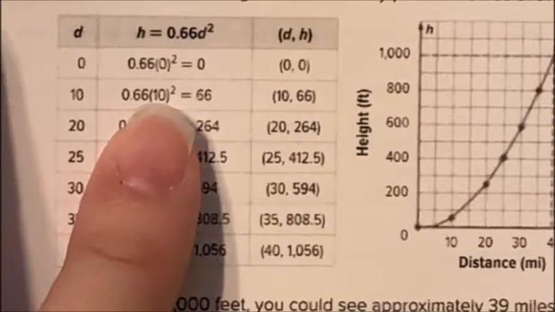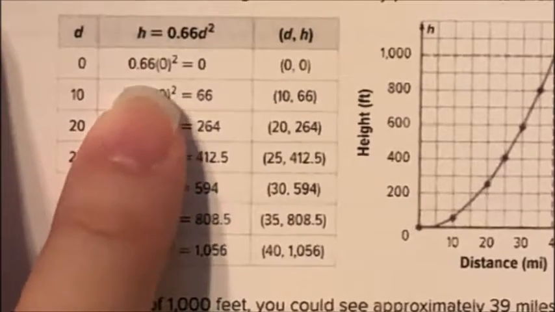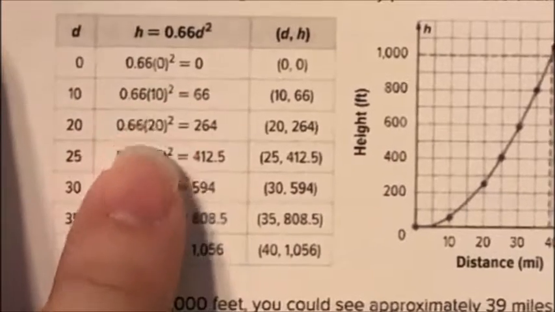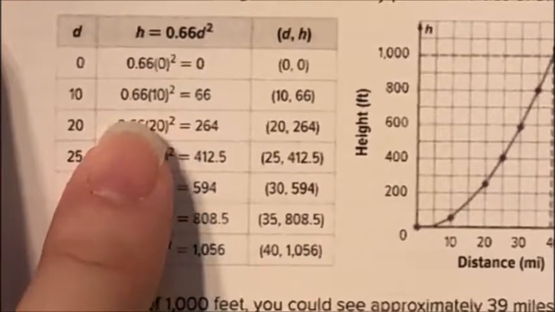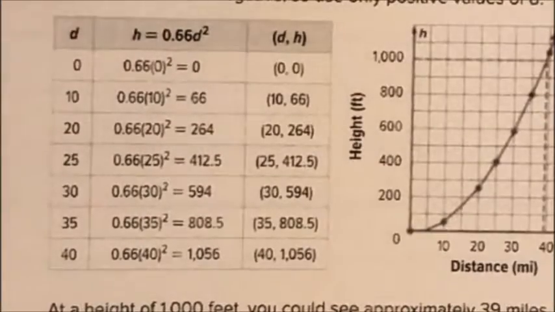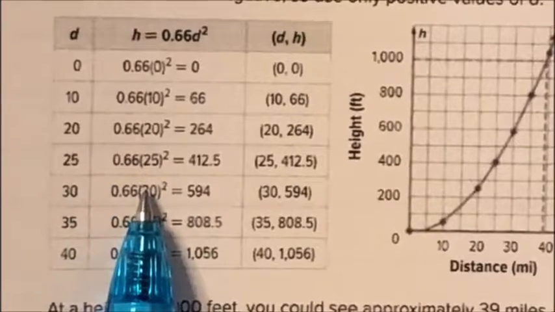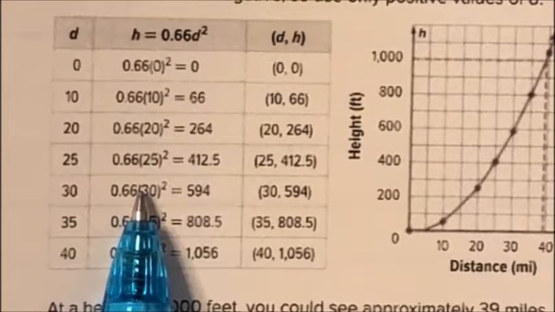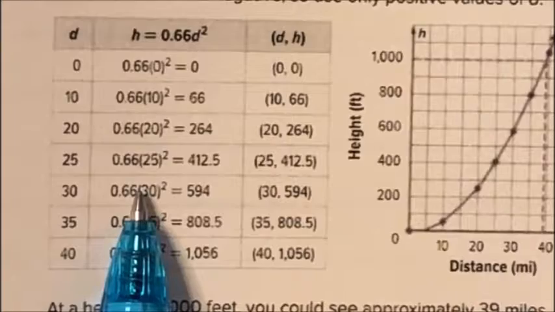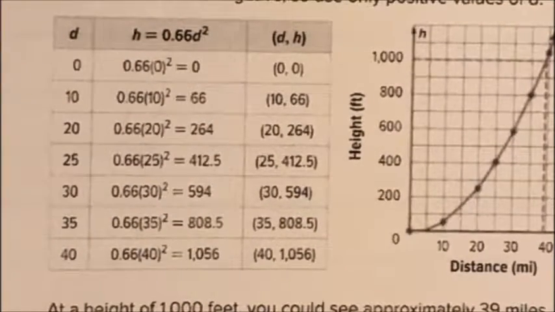Again, you can pick any numbers that you would like. 0 squared is 0 times 0.66 equals 0. 10 squared is 100 times 0.66 gives me 66. 20 squared is 400 times 0.66 gives me 264. 25 squared is 625 times 0.66 gives me 412.5.